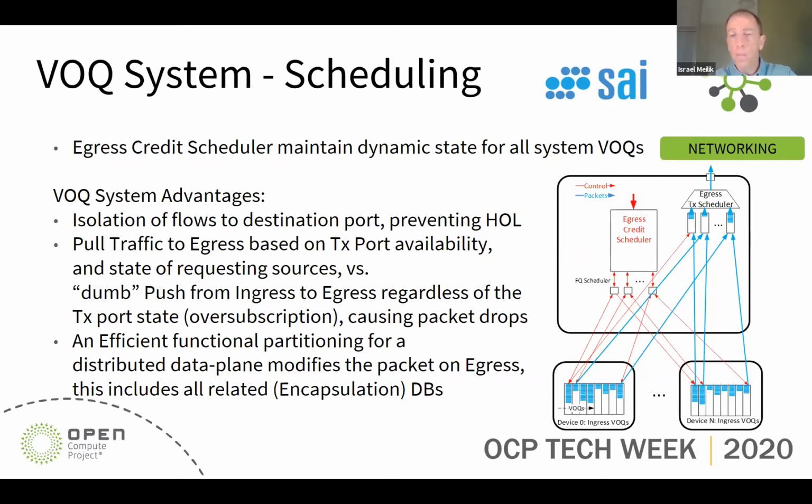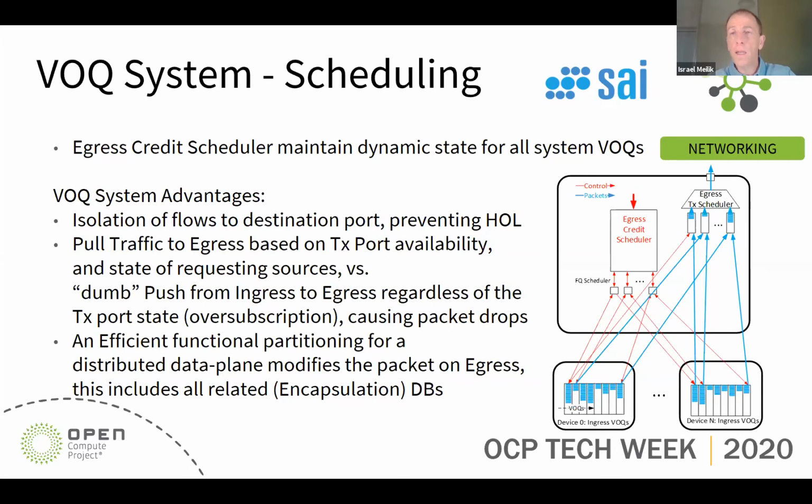Upon receiving a packet and storing it in any one of the VOQs, a status message is sent to the respective credit scheduler. For every VOQ, there is one and only one credit scheduler. This credit scheduler will update its dynamic database representing all the traffic.